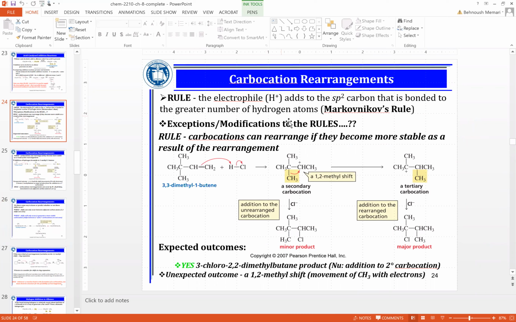When you have a carbocation forming in a chemical reaction, when the mechanism shows that a carbocation has formed, there is one problem or disadvantage, and that is rearrangement of the carbocation.